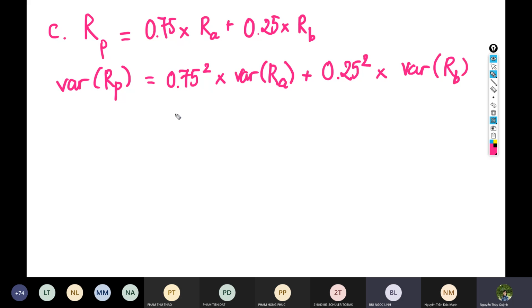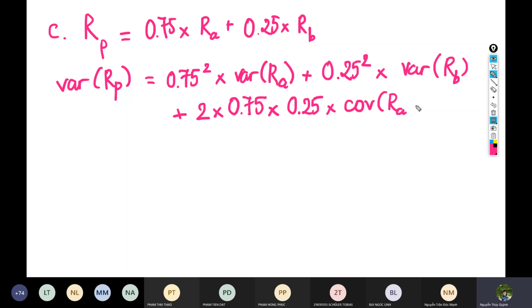And plus 2 times 0.75 times 0.25, and the covariance between RA and RB.